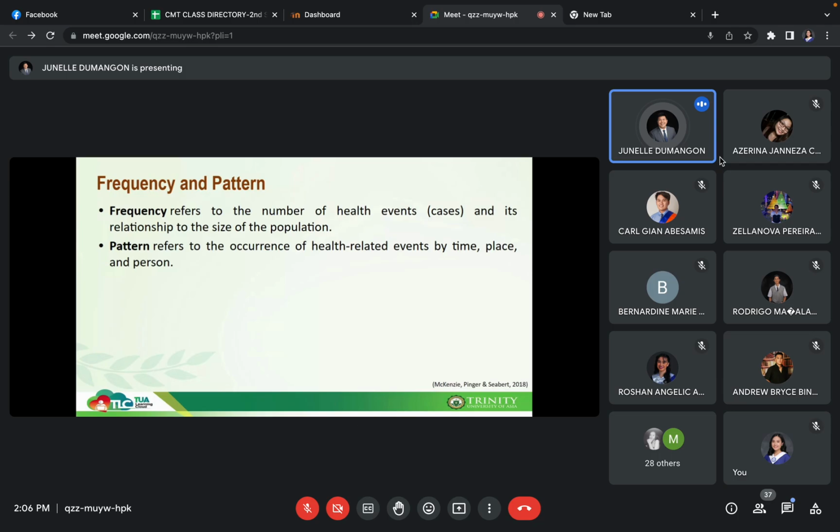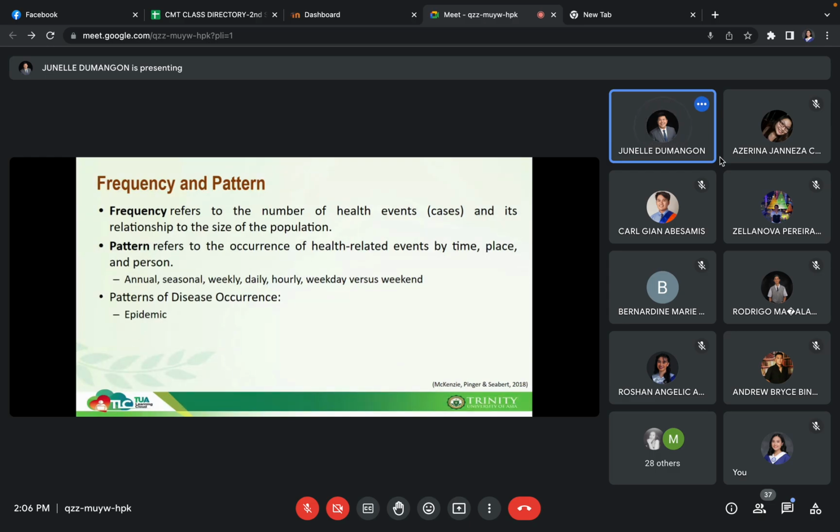Okay, so let's say, what is the frequency of COVID-19 in Barangay Catalon? So basically, what we want to know is how many people has COVID-19? Parang ganon.